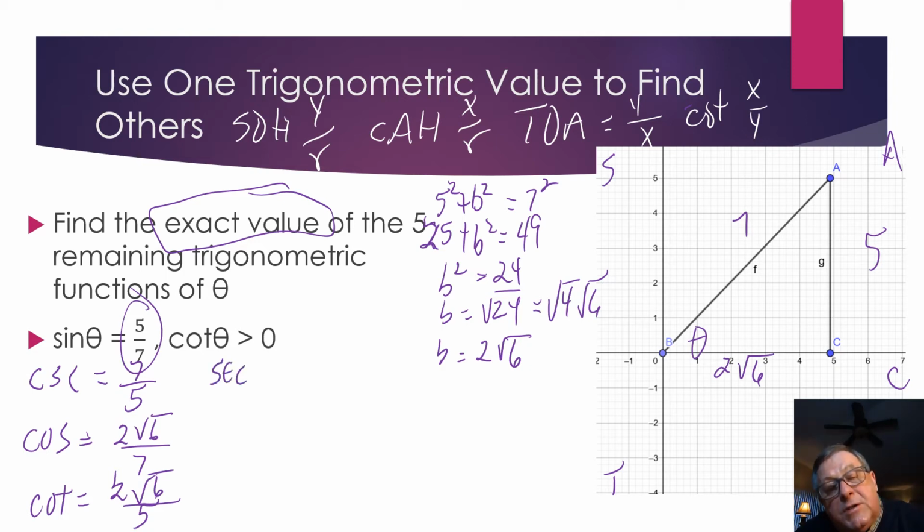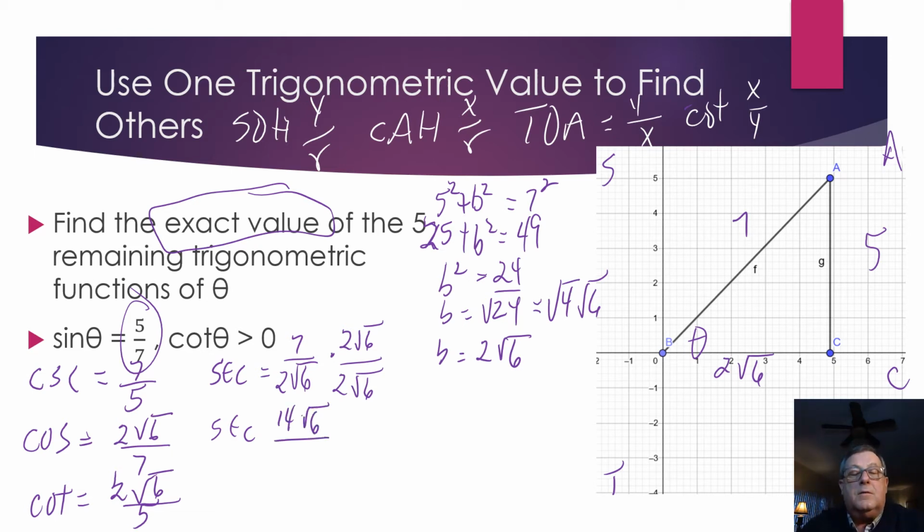So the secant is the reciprocal of the cosine, so we start with 7 over 2 times the square root of 6. We got to rationalize. So I got 2 times the square root of 6 over 2 times the square root of 6. And so the secant then is going to equal 14 times the square root of 6 over, well, 2 times 2 is 4, square root of 6 times square root of 6 is 6, so we got 4 times 6, 24.